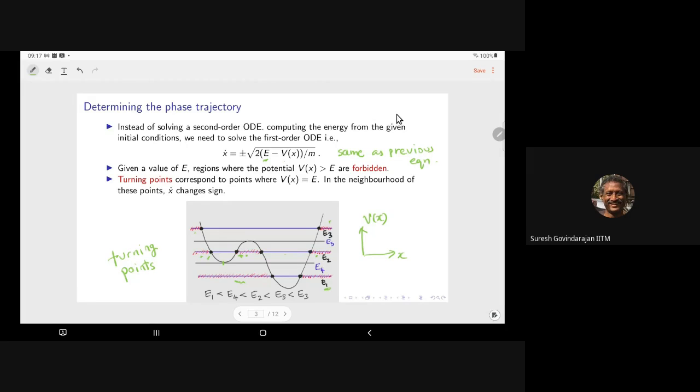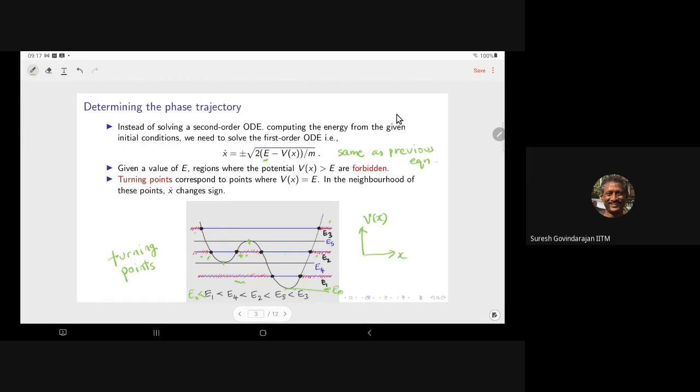Similarly, E5 is a very special energy. And there's one more which I didn't show, which we can call E0, where it will touch here. The energy of the particle can never be less than E0, which is the minimum of the potential.